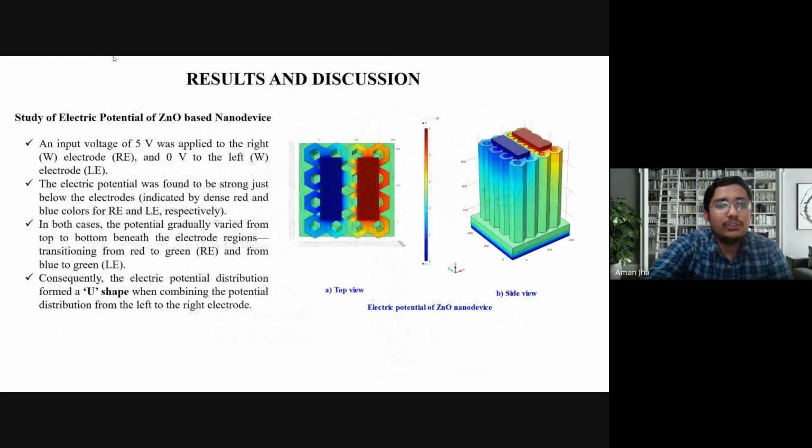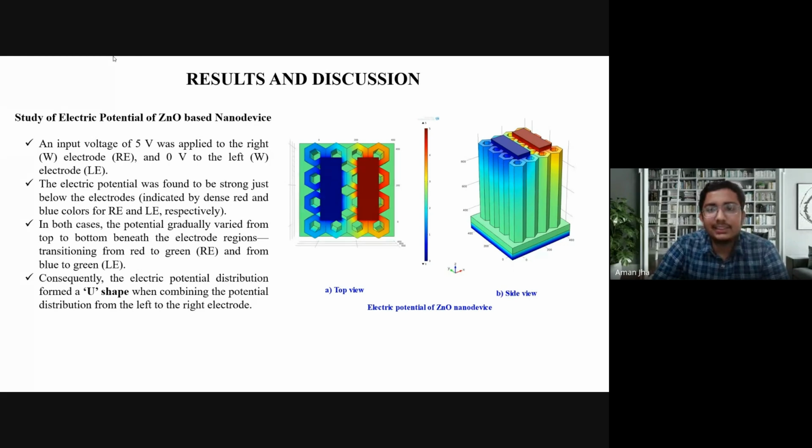Now we move towards the results and discussion. The first thing which comes is the study of electric potential of the zinc oxide-based nano device. We applied a differential input of 5 volts on the right electrode and 0 volts onto the left electrode. This differential input was found to be mostly strong just beneath the electrode in the nanowires.